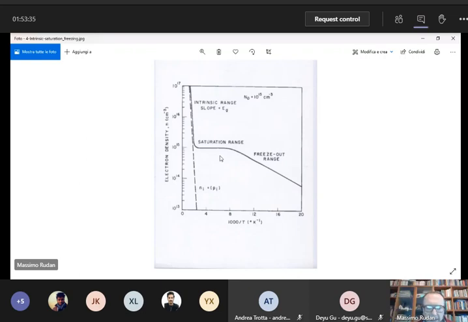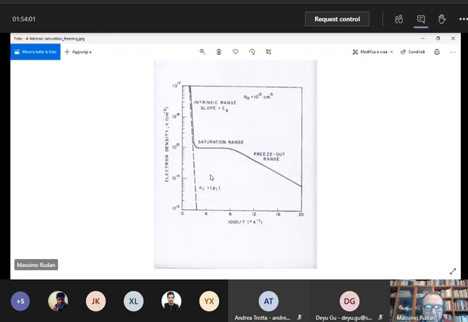If instead we increase the temperature, you remember, after a donor atom has provided one electron to the conduction band, it is impossible for it to provide a second electron. So when the dopants are fully ionized, they don't change anymore.